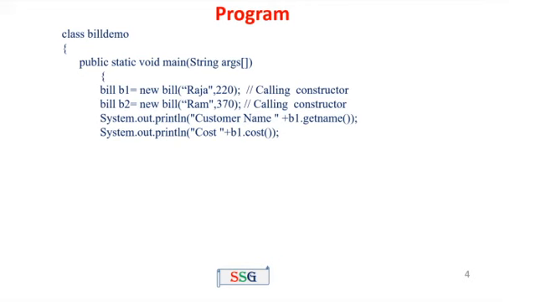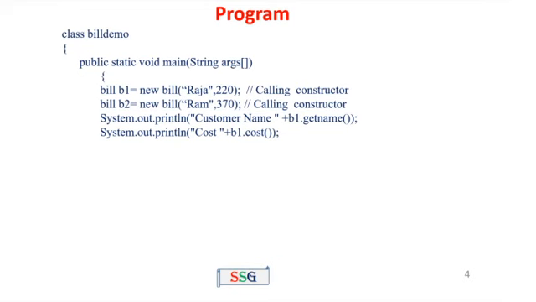This time also the compiler calls the constructor function and the values ram and 370 are stored in S and C. Then b2.name is ram, b2.calls equal to 370.